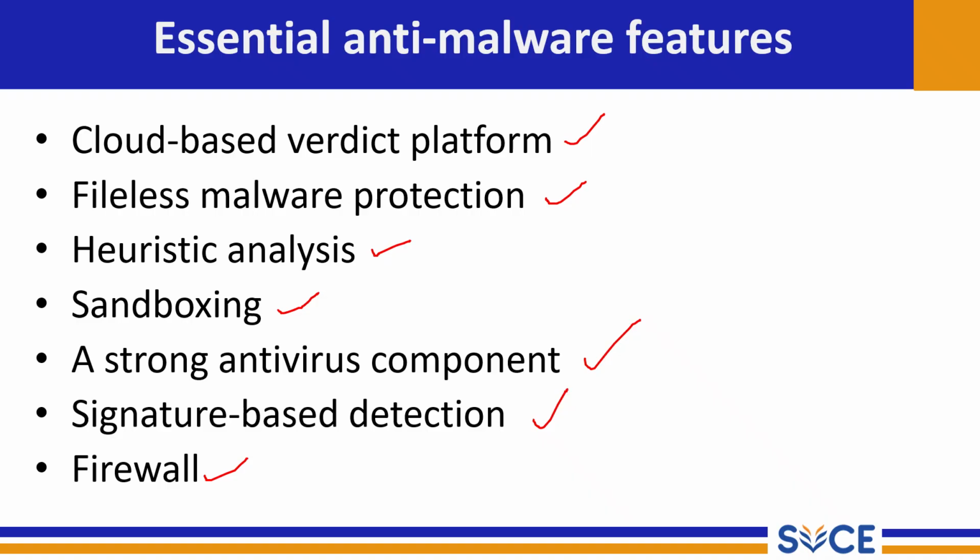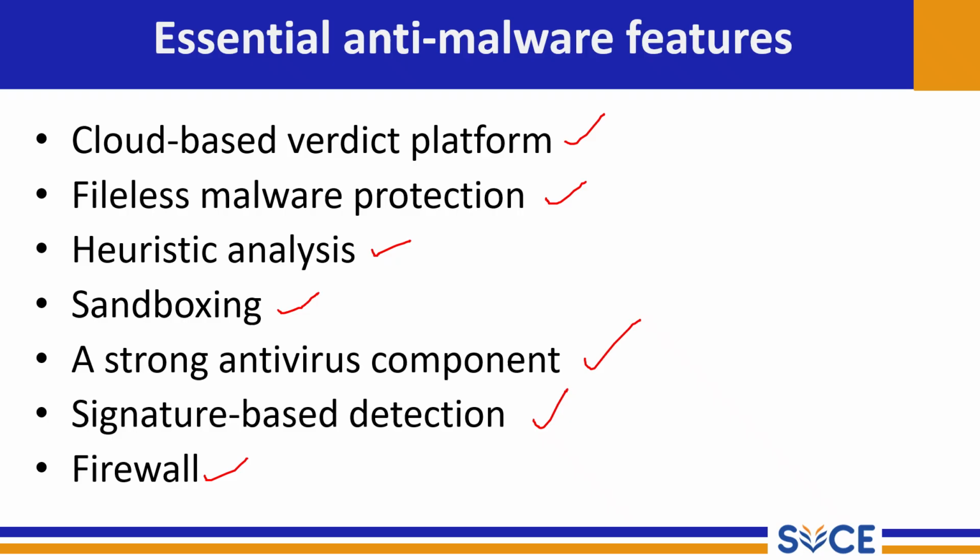Within the anti-malware software, a scanner pulls a file containing this code and sends it to the verdict platform for analysis. If the code matches any malicious code stored on the verdict platform, then the file is flagged as malicious. So it is important that this verdict platform is cloud-based, as new viruses are released every day. So the platform must be constantly updated.